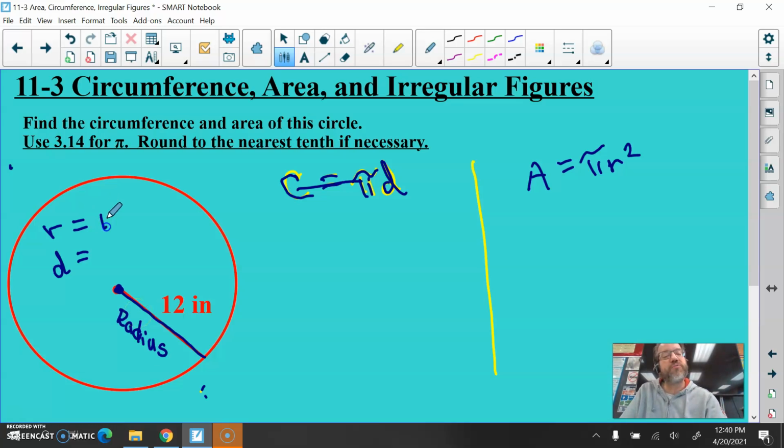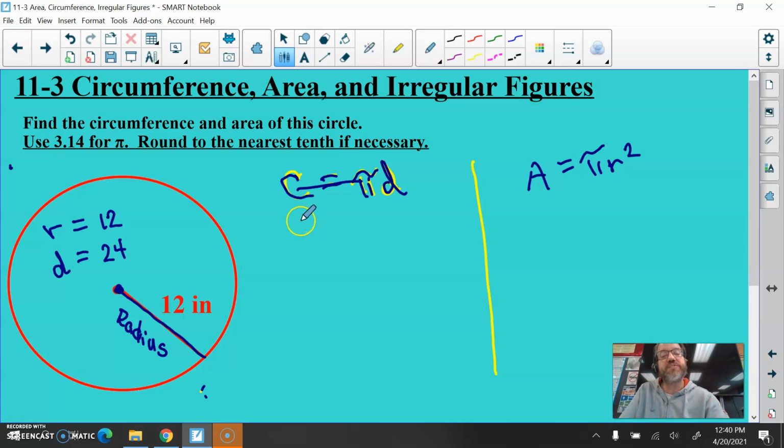So r is 12 inches. The diameter goes all the way across the circle, and it's always exactly double the value of the radius. So since the radius is 12, the diameter must be 12 times 2, which is 24. So I have both of these written down, and when I go to find the circumference or the area, I can just look back here to see which number I should use.